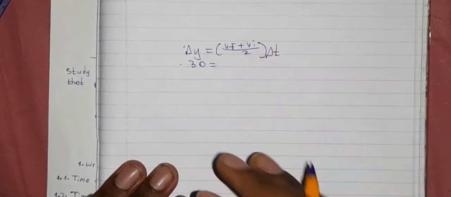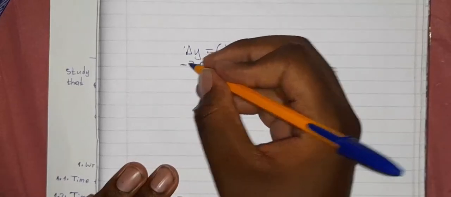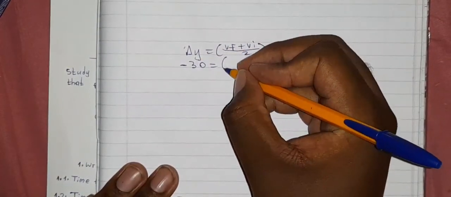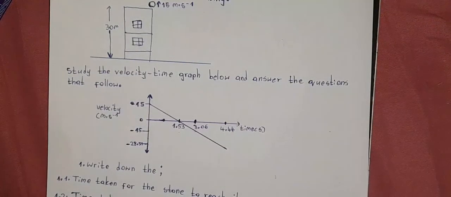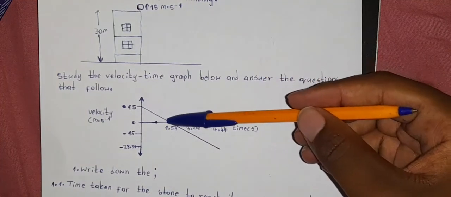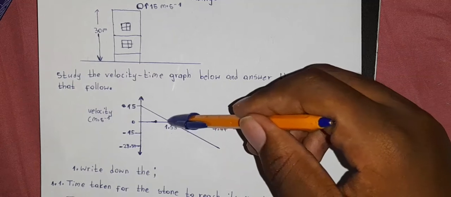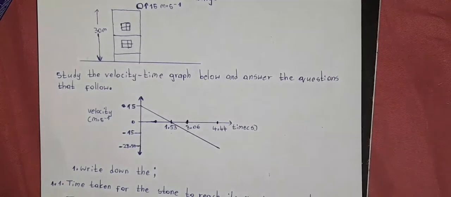But because they choose upwards as positive, it's going to be minus 30 is equal to, how did I know that they chose upwards as positive? Because when the stone is going upwards, its velocity decreases, and when it comes back, it starts to increase in the negative direction. So that's how I knew they chose upwards as positive.